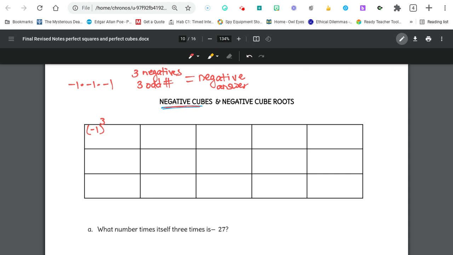Or you could take negative 1 and multiply by negative 1. A negative times a negative is a positive 1. And 1 times negative 1 is negative 1.